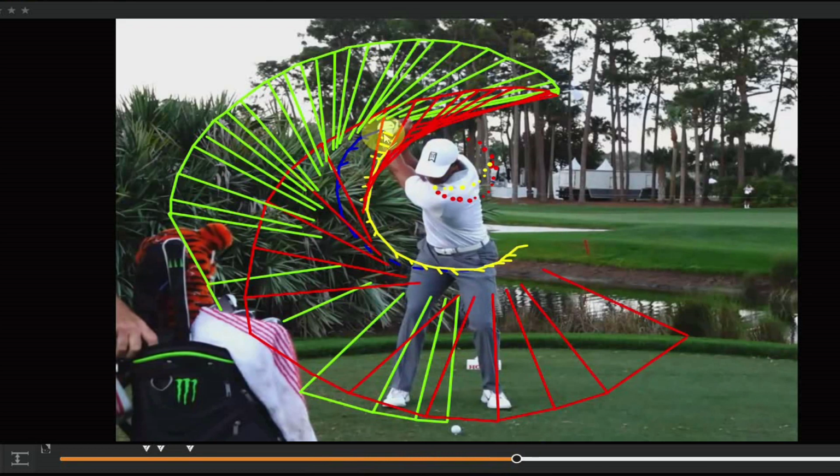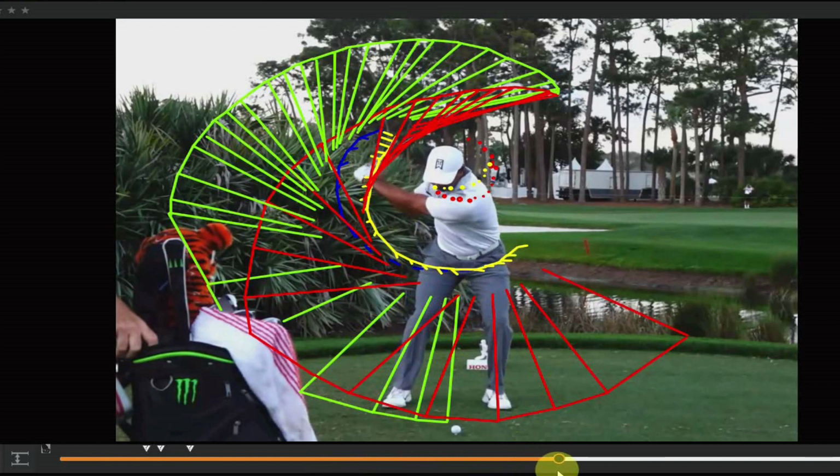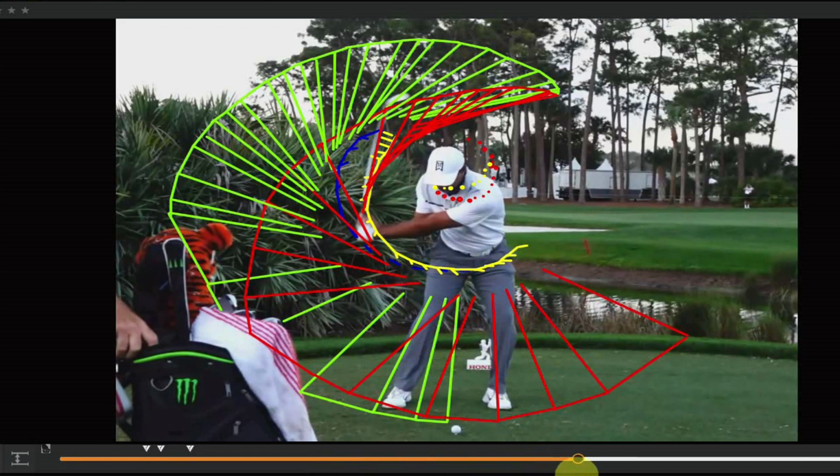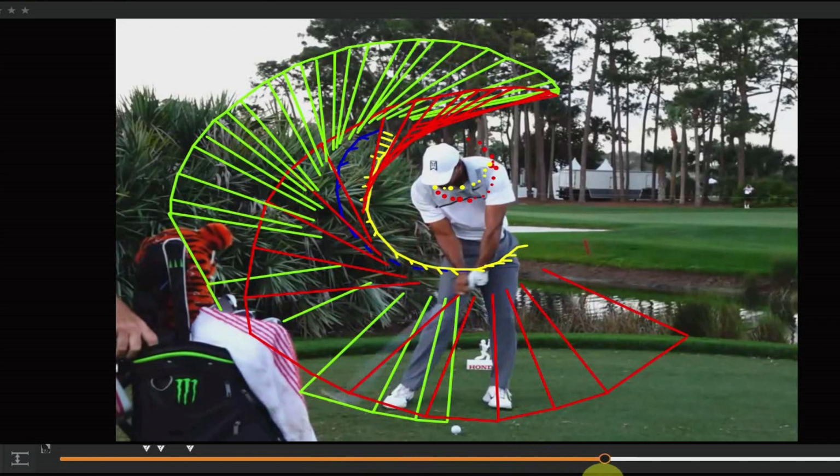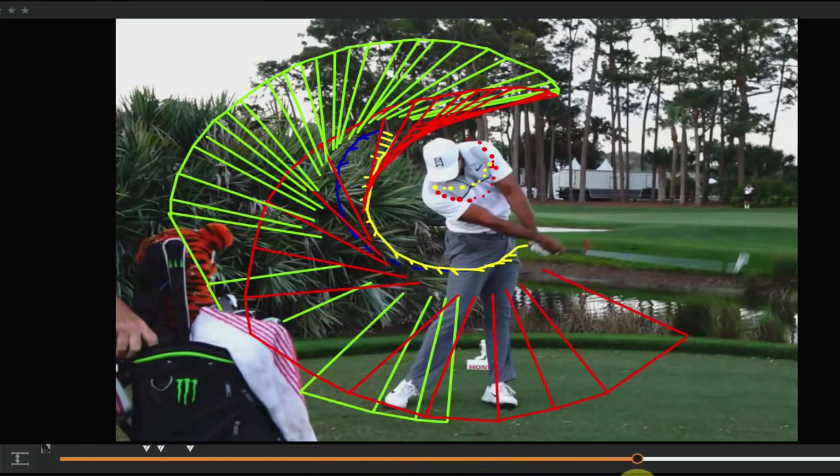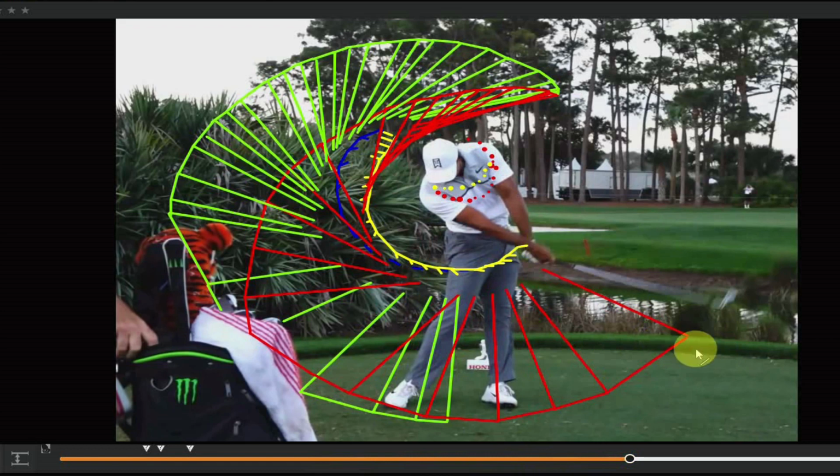Now yellow begins the downswing trace of the top of his glove. And I stop there because there's no point in going further than that. And the glove is hidden behind his right hand here.